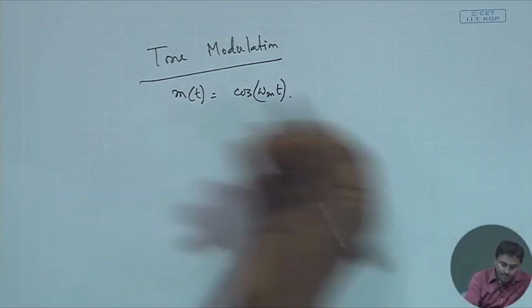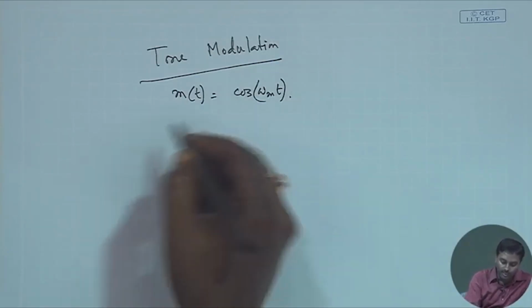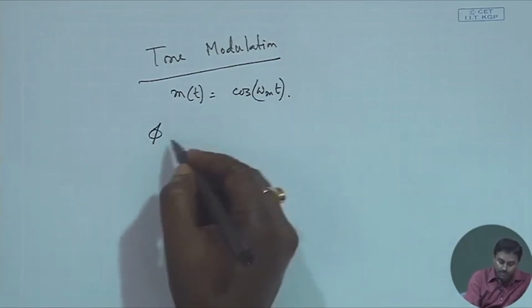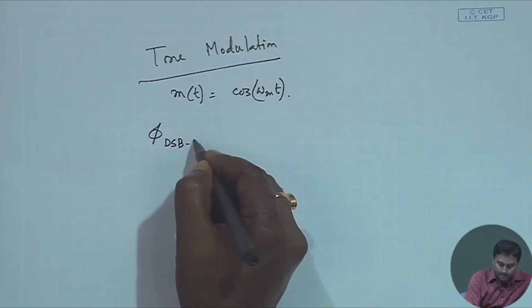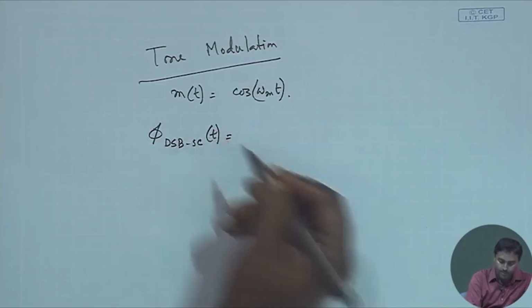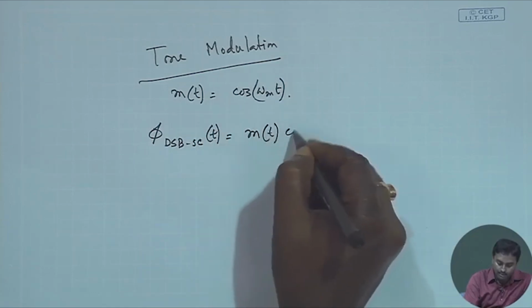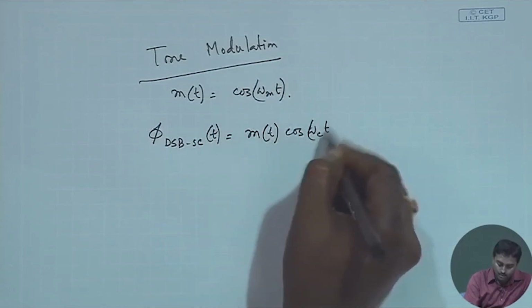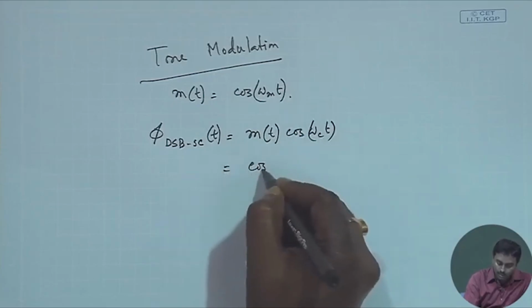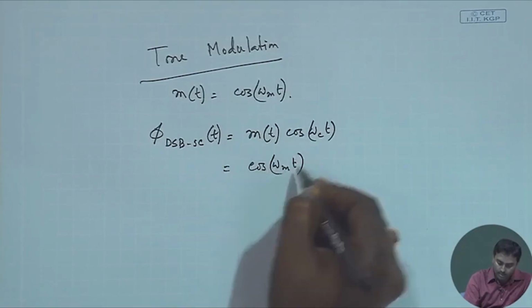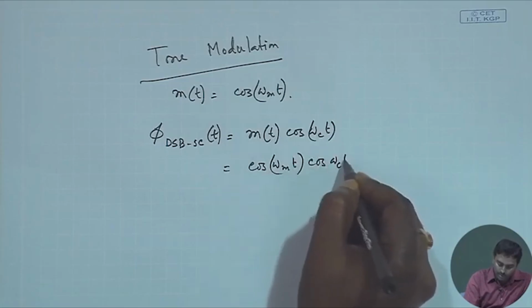So if I have m(t) equal to cos omega mt, therefore phi DSBSC(t), which is the modulated one, must be m(t) into cos omega ct, which is nothing but cos omega mt into cos omega ct.